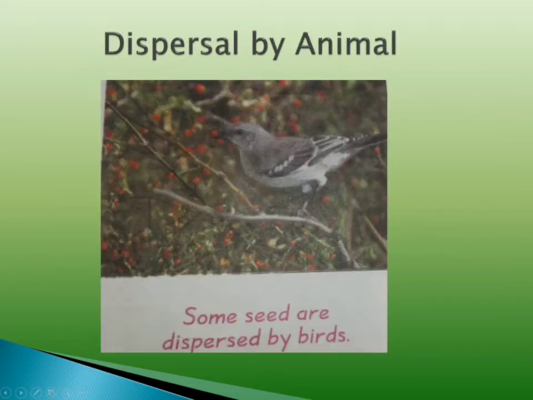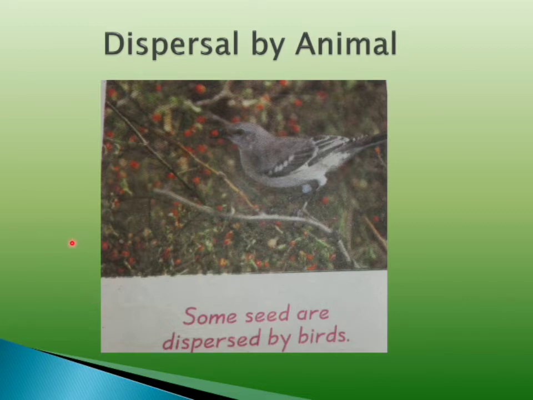Next, dispersal by animal. Okay, so animals disperse seeds in many ways. Okay, small seeds can be carried on the feet of birds and other animals. Even squirrels bury nuts for food supplies over the winter, but sometimes leave some behind which may grow into new plants in the spring.